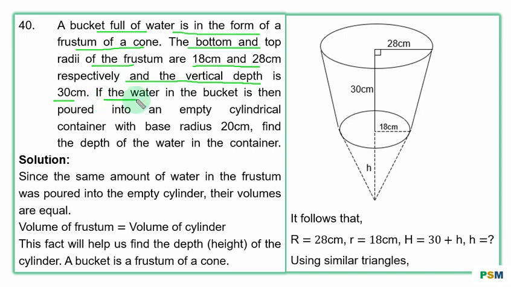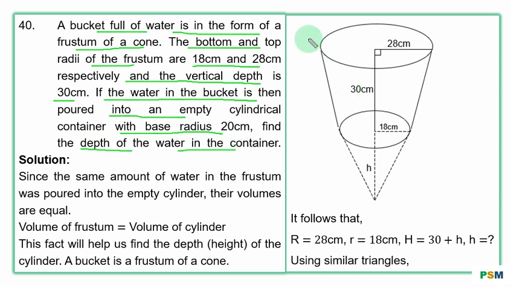If the water in the bucket is then poured into an empty container in the form of a cylinder with base radius 20 cm, find the depth of the water in the container.